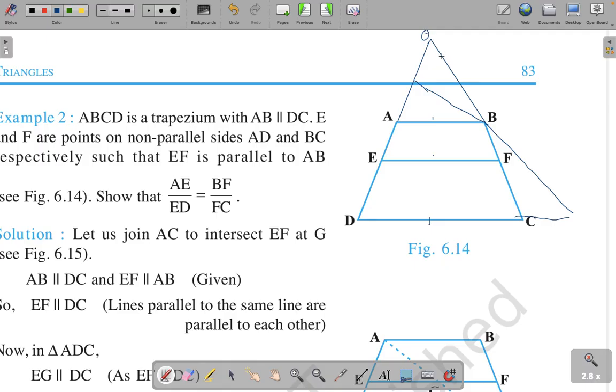Okay, so I mean, this won't work. It can work, but it will make things very complicated. Because what do you need? You need AE, ED, and BF, FC. If you extend the triangle like this, you are adding one more thing, OA, which can make things complicated.